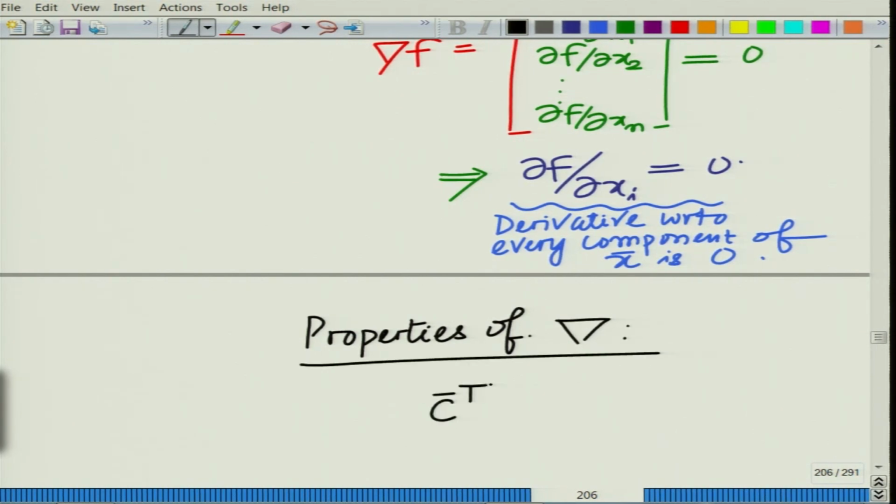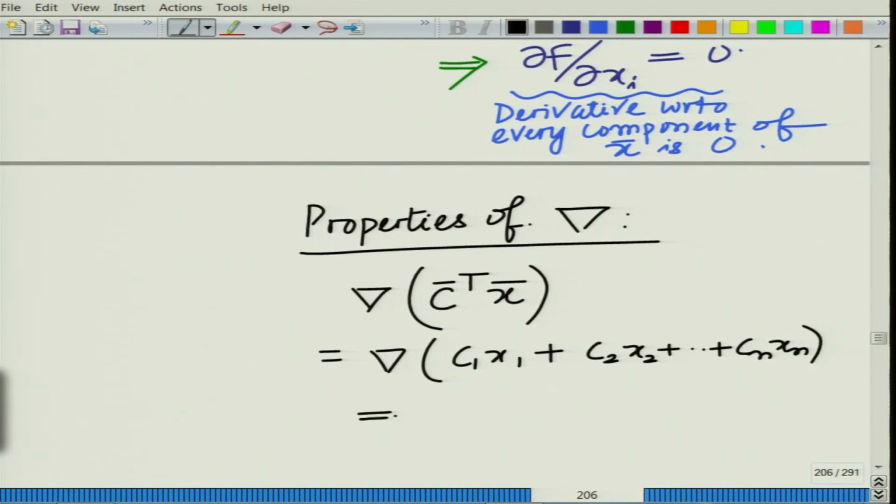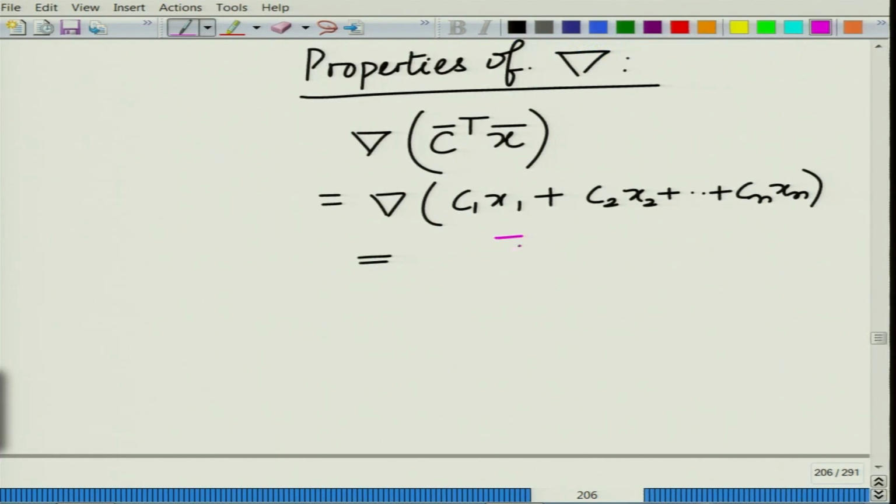If you have a constant vector c bar transpose x bar and you take the gradient of this, that is, the gradient of c1 x1 plus c2 x2 plus up to cn xn, you can see this is the vector whose gradient with respect to x1 is c1, with respect to x2 is c2, and so on.